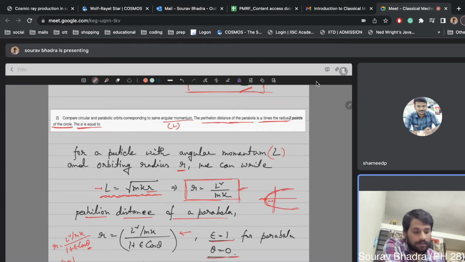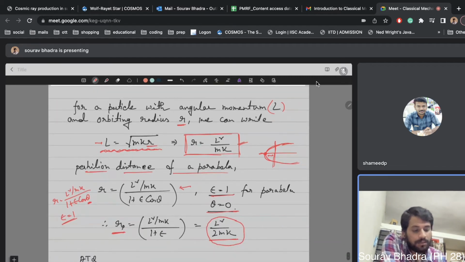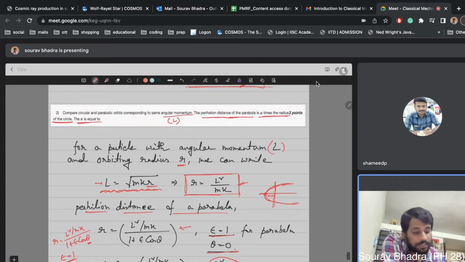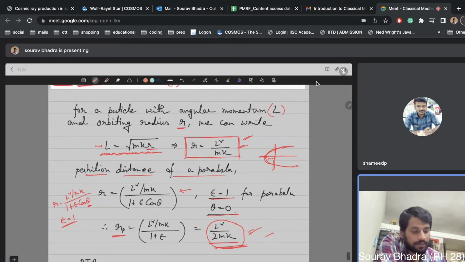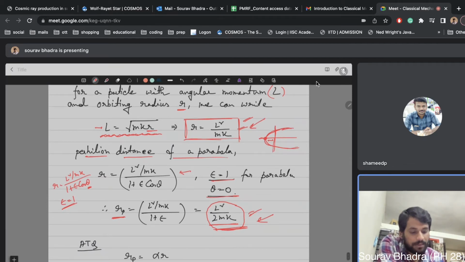So epsilon equals 1 and theta equals 0. If you put those in the r equation, that will give you the perihelion distance. And according to the question, this perihelion distance is alpha times the radius of the circle. So this L square by 2 mk is actually alpha times this one.